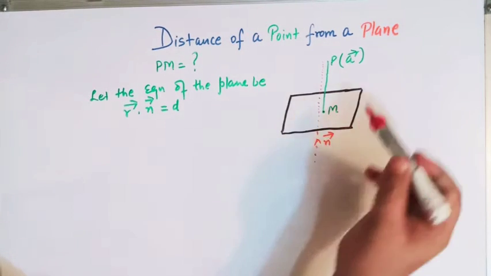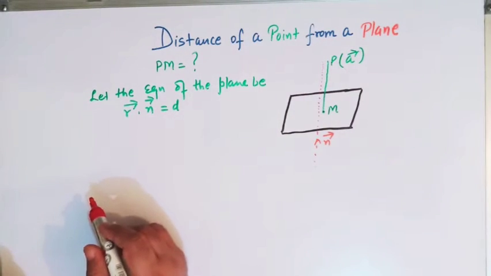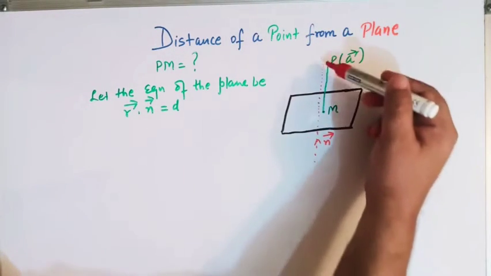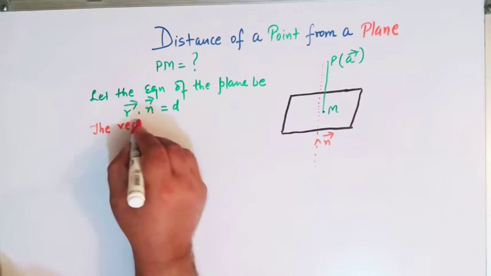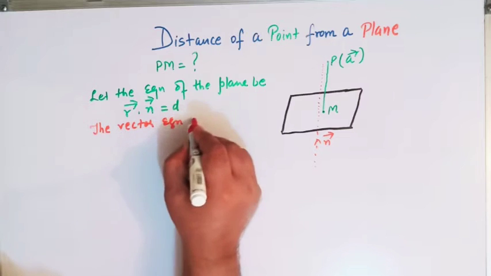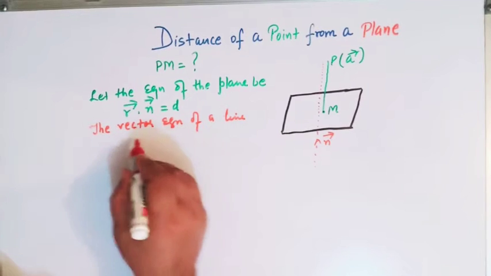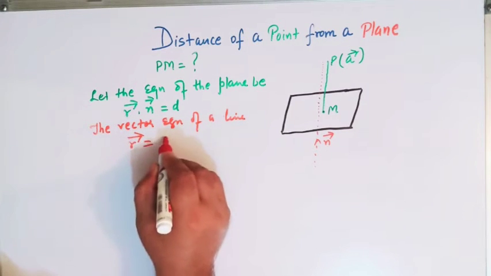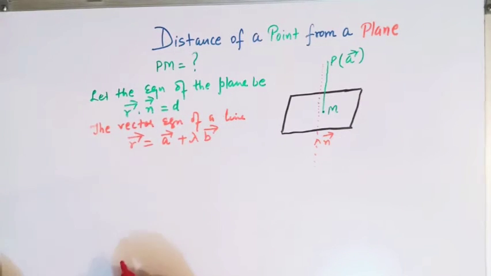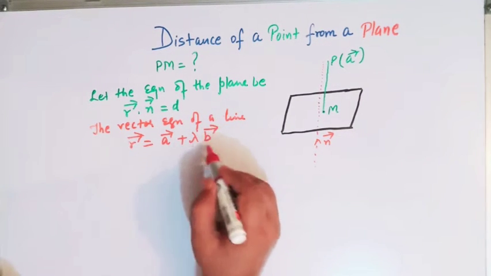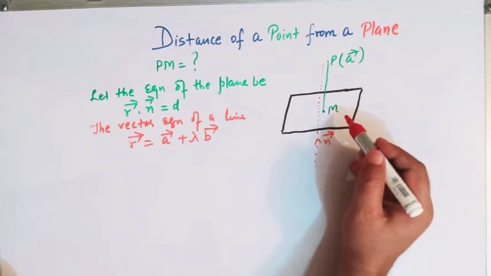Now let us find the vector equation of this line PM. The vector equation of a line, we know, is given by vector r is equal to vector A plus lambda times some vector B, where this vector B is the vector to which the line is parallel.